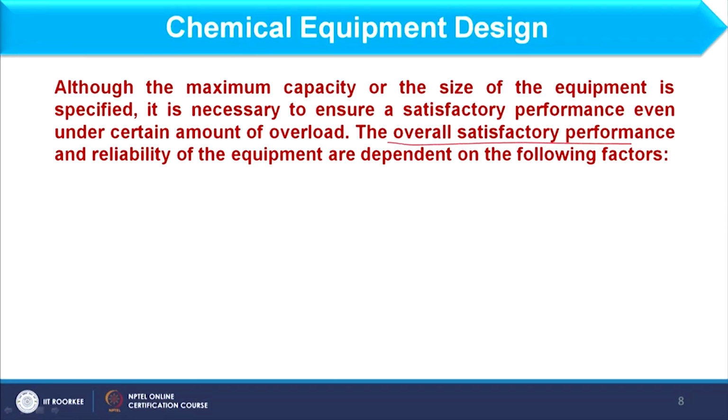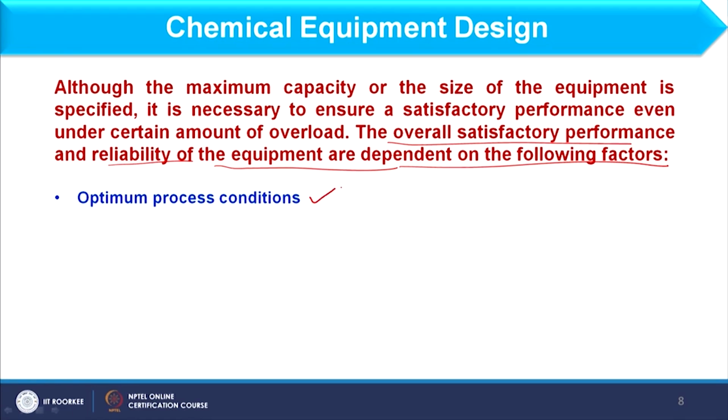Overall satisfactory performance and reliability of the equipment depend on the following factors. First is the optimum process condition. Optimum process condition means where I am getting maximum output. So, equipment should be operated satisfactorily at those optimum process conditions.